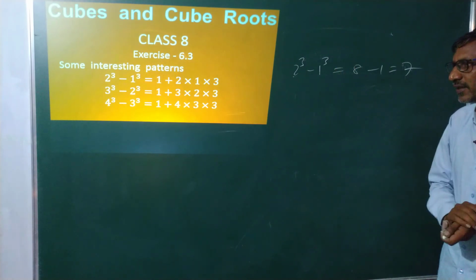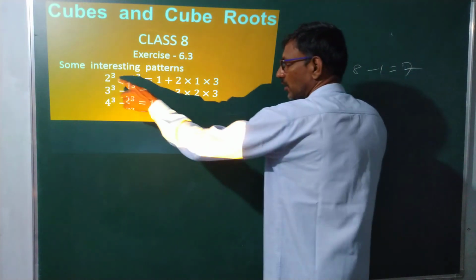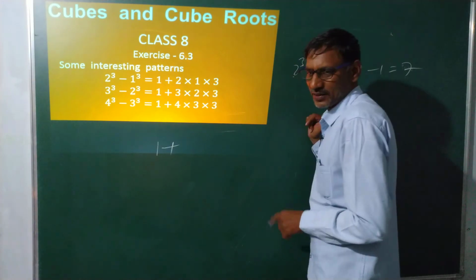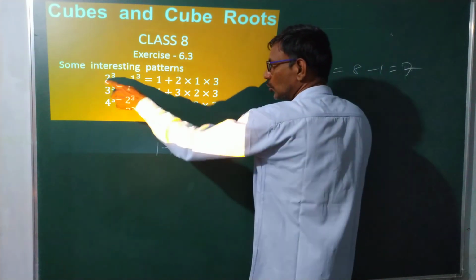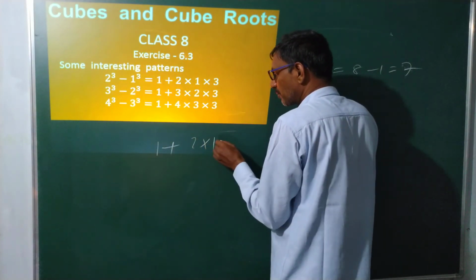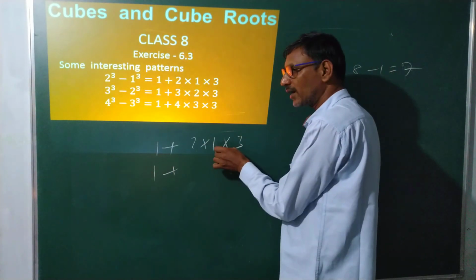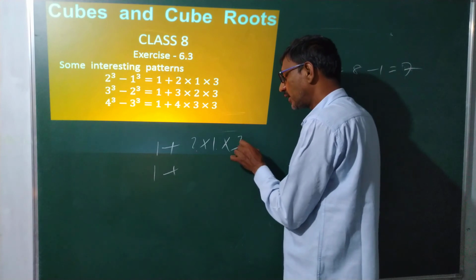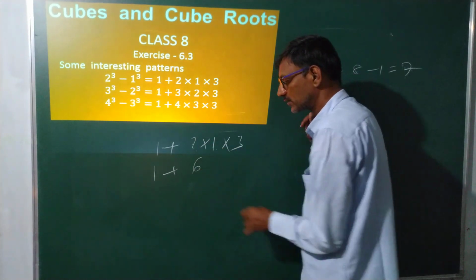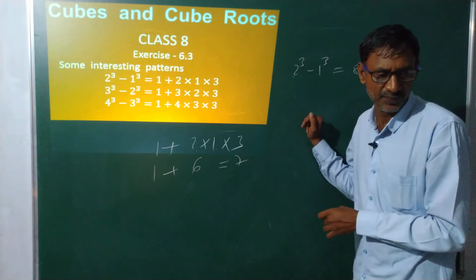in an easier method. See here, always 1 plus 2 into 3. See here, 1 plus 2 into 3 is 1 plus 6, and 7 we get it.